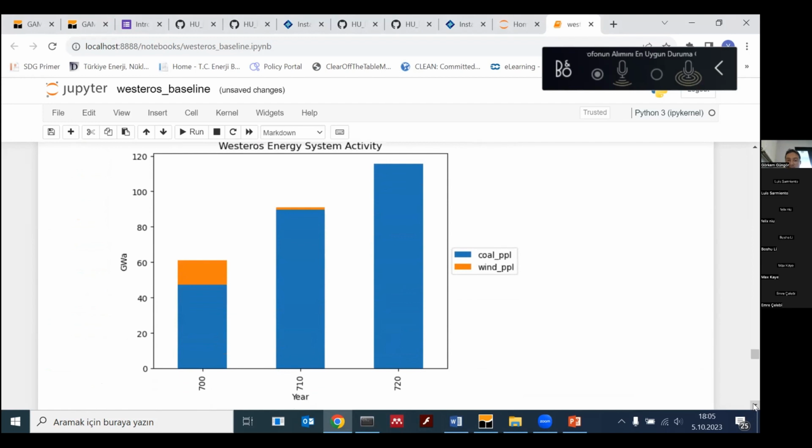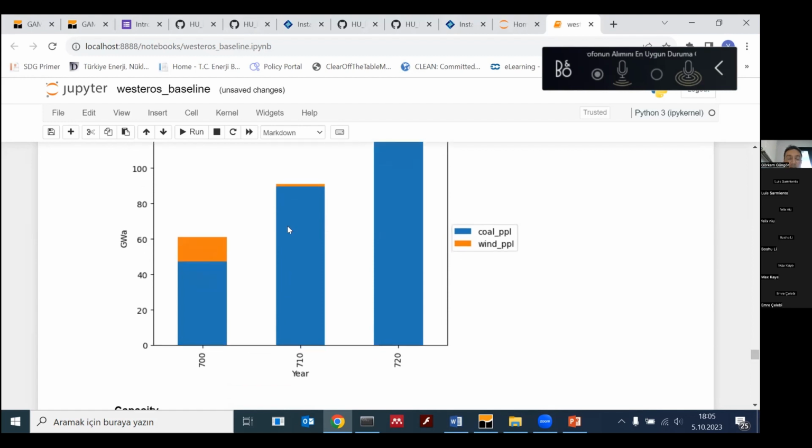When we look at the activity, we had calibrated the first model year. So we have both coal power plant and wind power plant based on the share ratios which we defined in the calibration.